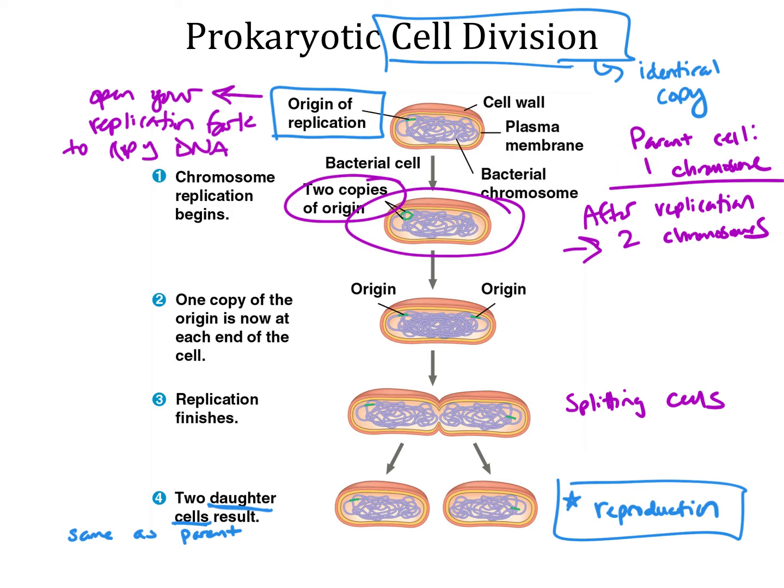So I'm going to take the two chromosomes and I'm going to split the cells, and when we're done, you have two daughter cells, and how many chromosomes are in each of the daughter cells? You have one. So there's one chromosome in one daughter cell, one chromosome in the other, okay? So there'll just be a brief period of time where your parent cell actually has twice as much DNA right before it splits.